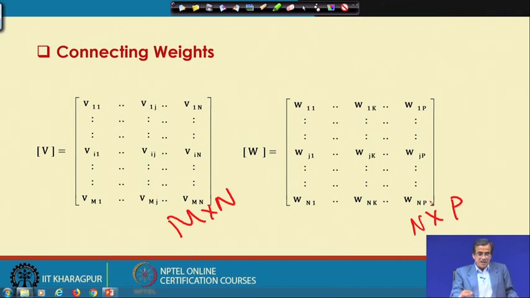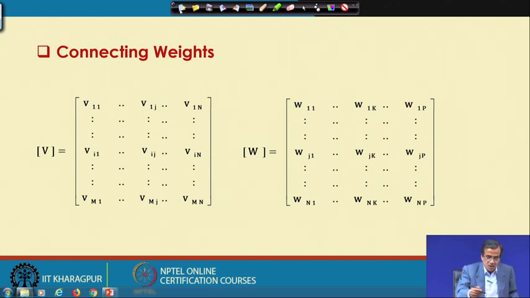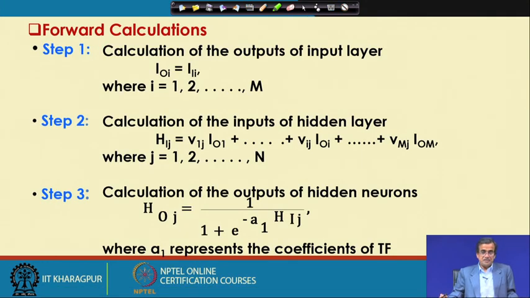These are the dimensions of the connecting weight matrices, and if you see an individual value like V11 or say V1j, this will lie either between 0 and 1 or in the range of -1 to +1. And as I told, initially those connecting weights are selected at random and then we try to modify them.